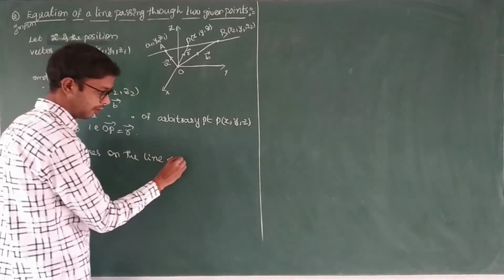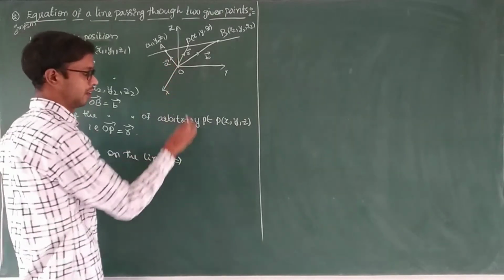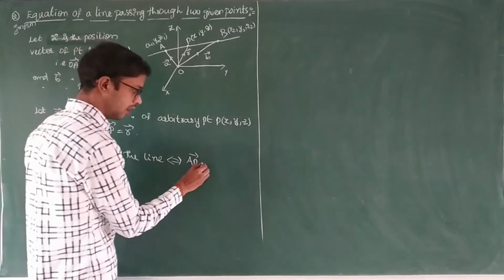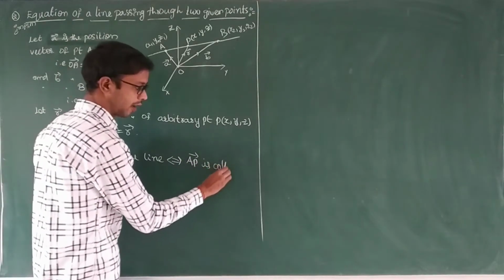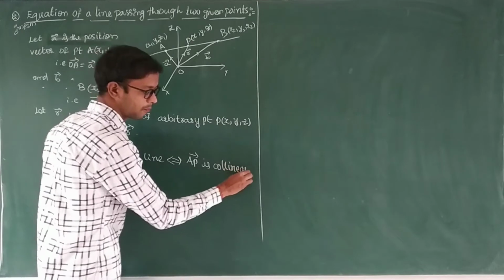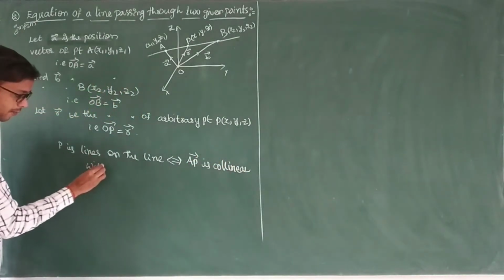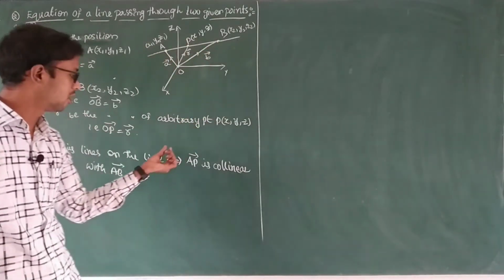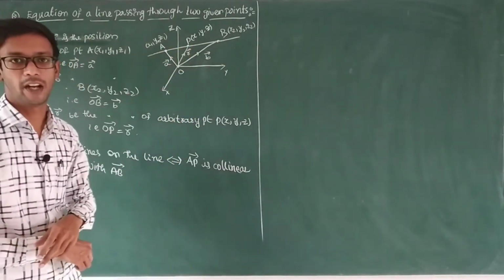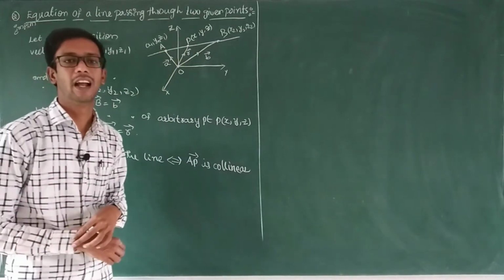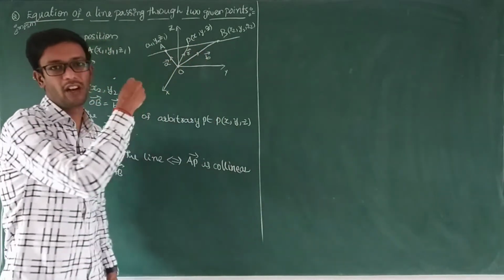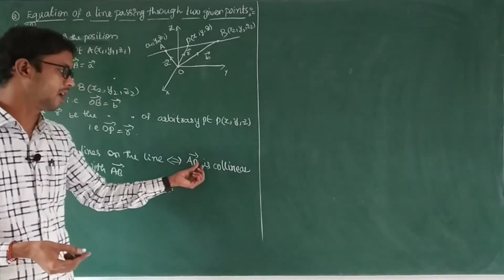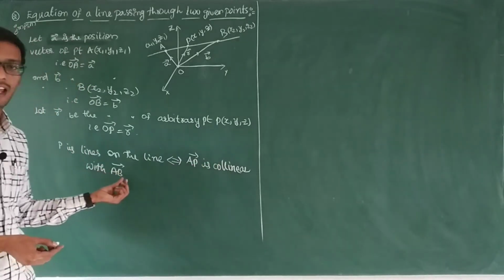If P lies on the line, then AP bar is collinear with AB bar. Collinear means three points lie on the same line. So AP bar is collinear with AB bar also.